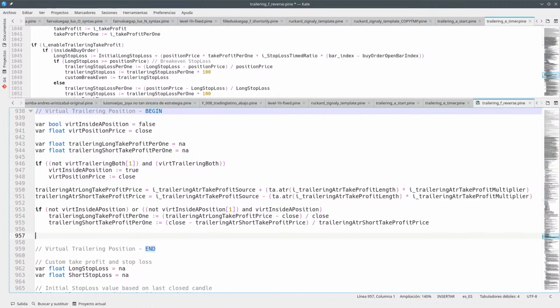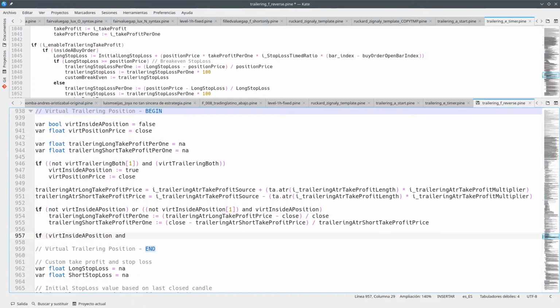So what you do here is, if we are inside a position and at the same time, okay, how the hell is this?